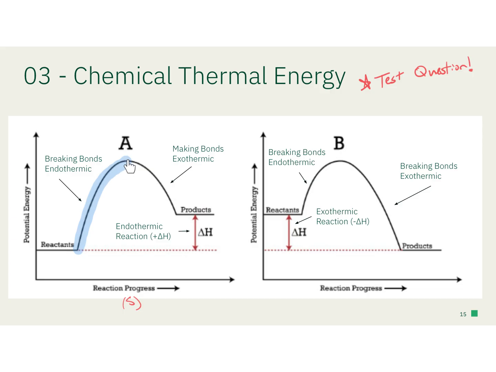So we need to break the bonds. Until we've broken all the bonds, at this point, all the bonds are broken, and now all the new bonds are going to form. And so you're going to have a falling side of this profile. So each one of these profiles is very similar, that you begin with a rise and you end with a fall. But in this first example, the fall is less than the amount that we rose.